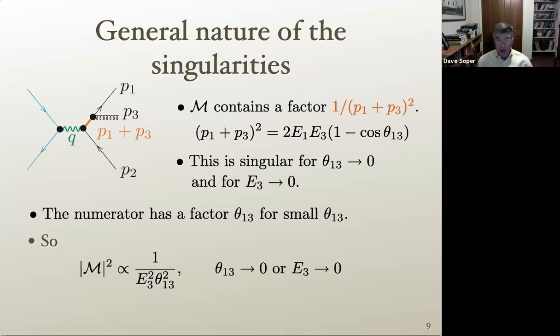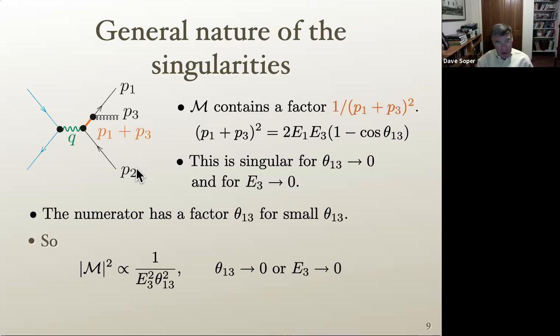So right away, you see just from that propagator, there's a singularity when theta 1,3 goes to 0, and there's a singularity when E3 goes to 0. And it's just from the Feynman diagram. And anytime you have a Feynman diagram like that, you're going to have that singularity.